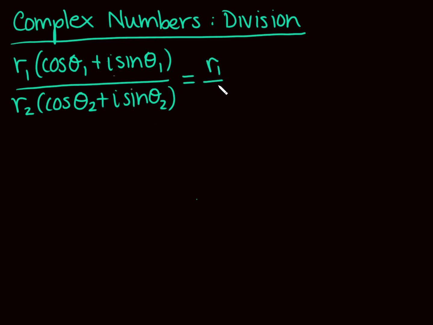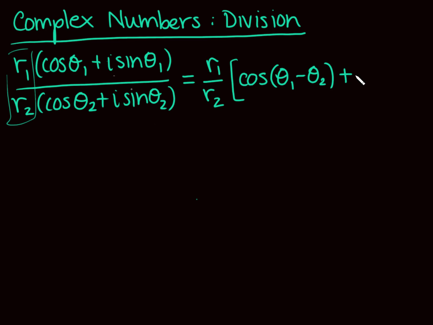So I'm going to take r1 and divide it by r2. That's kind of given right there. But then what I end up doing, instead of adding the angles together, we subtract them. That's really neat. I kind of love that. That's probably not surprising to you. So I would do theta 1 minus theta 2.